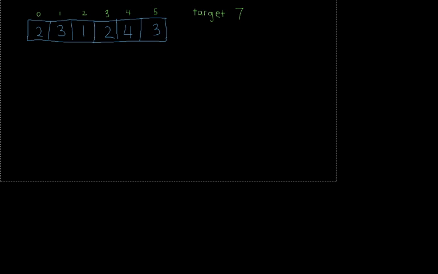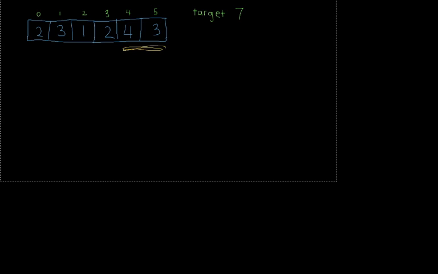So first we get the array. And so what the problem was really asking is saying, okay, find me a subarray that can give me the sum of 7. So obviously for this particular array, the subarray is going to be 4 and 3, right?